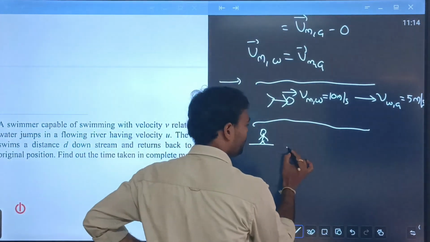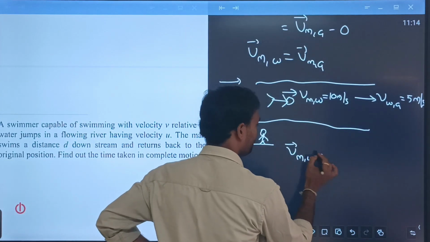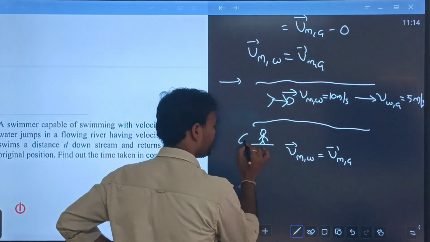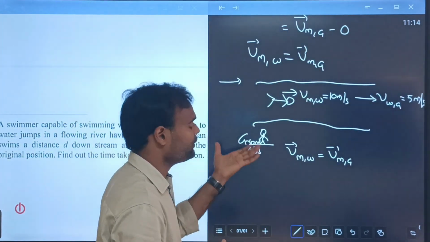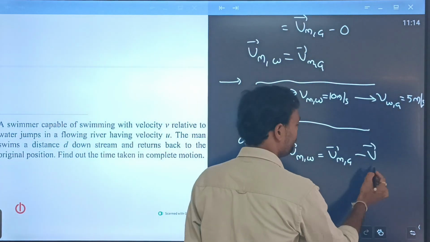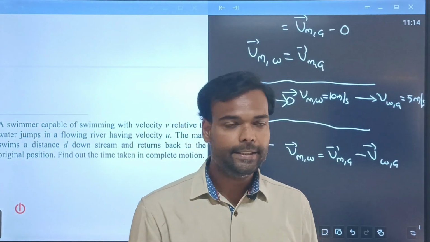He says that velocity of man with respect to water is equal to velocity of man with respect to ground minus velocity of water with respect to ground. That means from the ground, the observer is present and observing. Right?